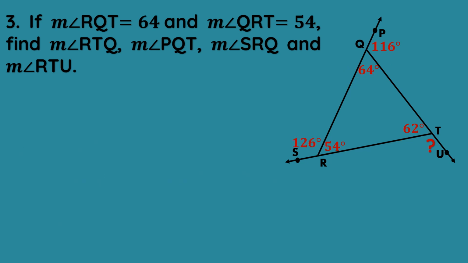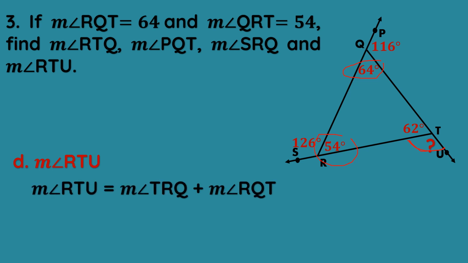We now proceed in solving for the measure of angle RTU. Based on the figure, angle RTU is also an exterior angle whose two remote interior angles are known, which are 64 degrees and 54 degrees in measures. Since the two remote interior angles are already known, we can apply the exterior angle theorem in solving for the measure of this exterior angle RTU.